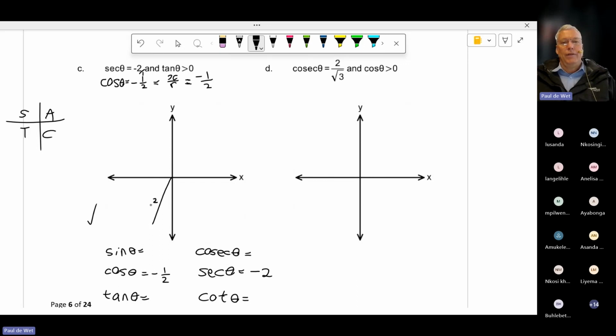So this is 2. What is x, guys? X is -1. That means that this distance here is 1 as a distance. R is 2. So now I've got to work out my y value using Pythagoras.